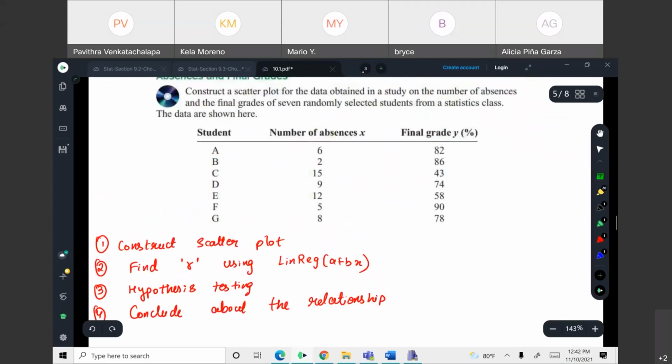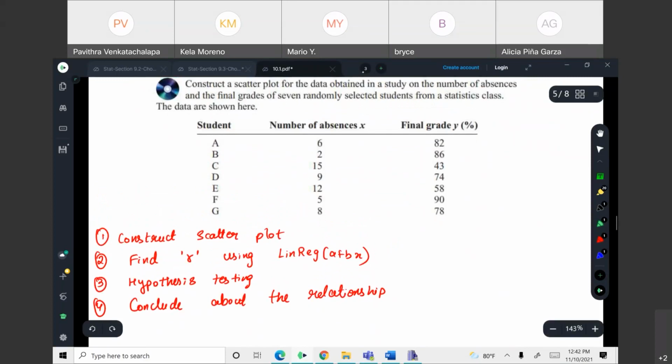I want you to do these four things using X and Y for this example.